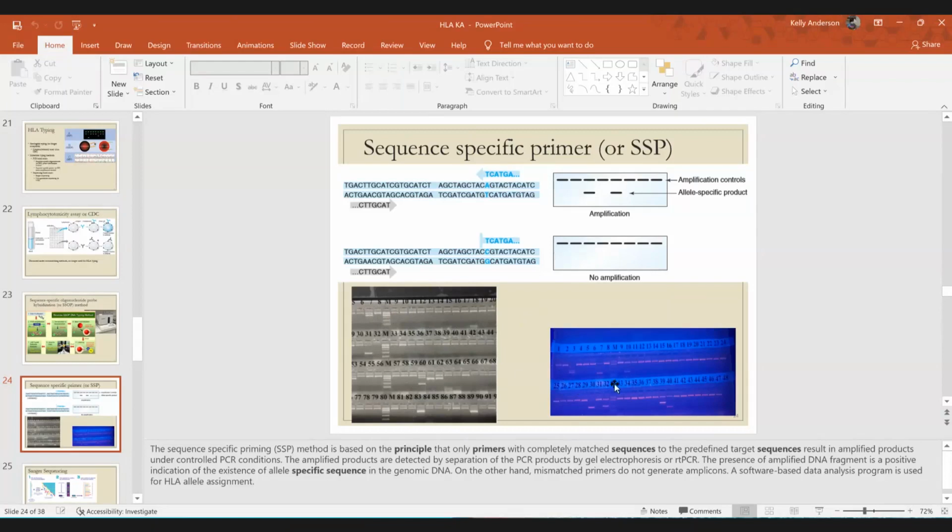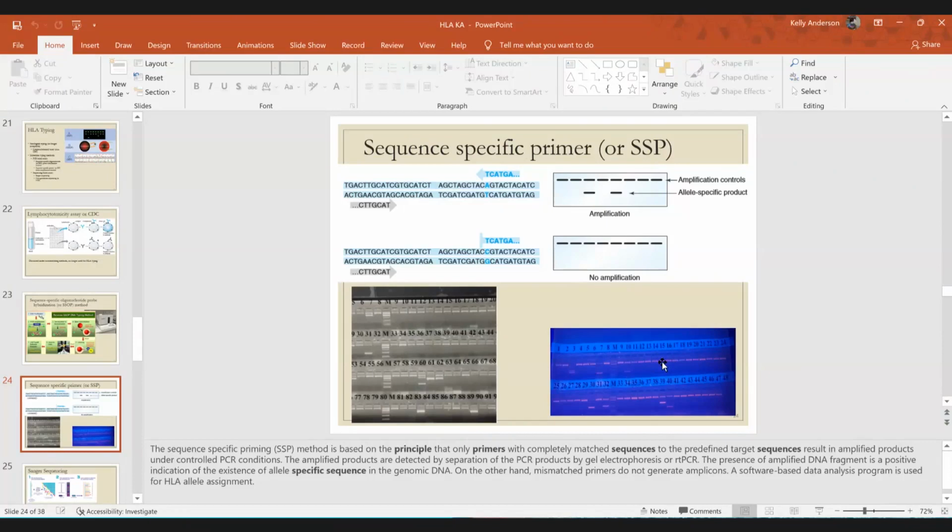So there is some manual analysis with this, and you will see that each lane should have a line there, and that is your internal control. If the internal control is not present, then that well failed for whatever reason. Maybe DNA was not put in that well.